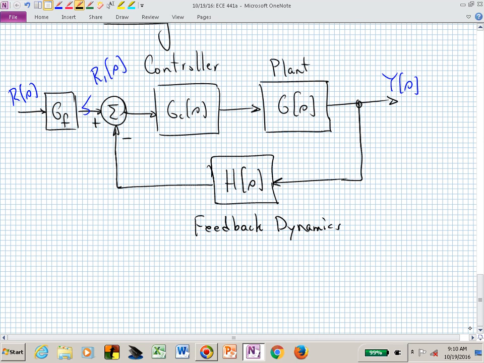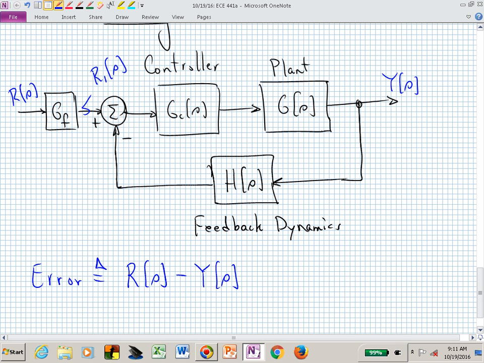Now, if we are interested in the error signal, that could be somewhat vague. But let's define our error signal to be the difference. Maybe we want our output Y to actually track our reference input R. And for that reason, then, let's call our error R of S minus Y of S. Is that signal anywhere present in the block diagram?